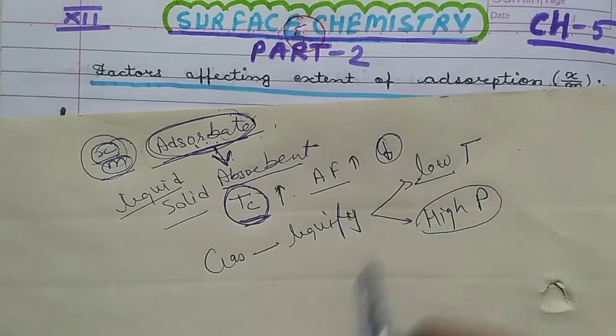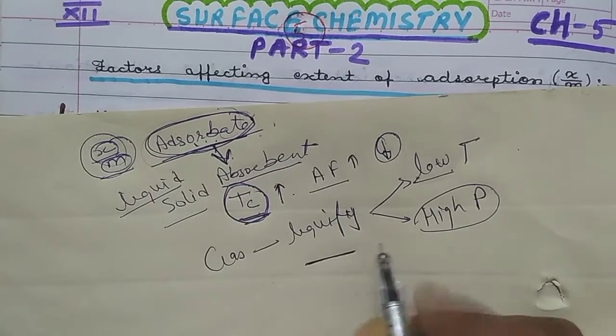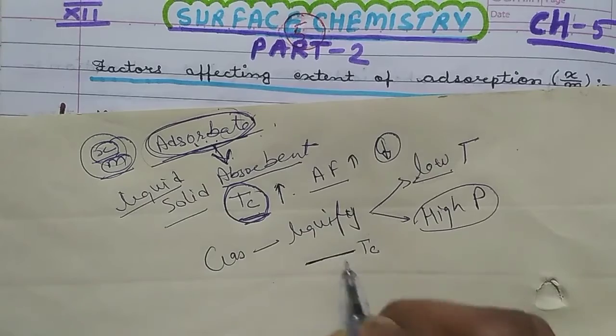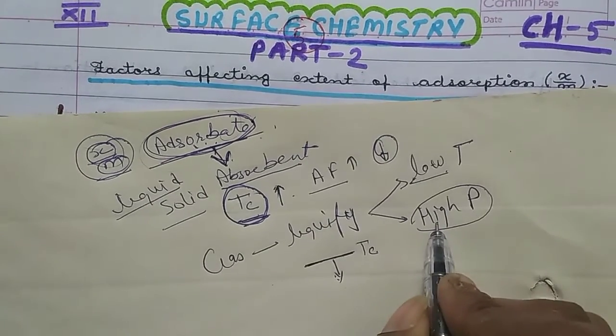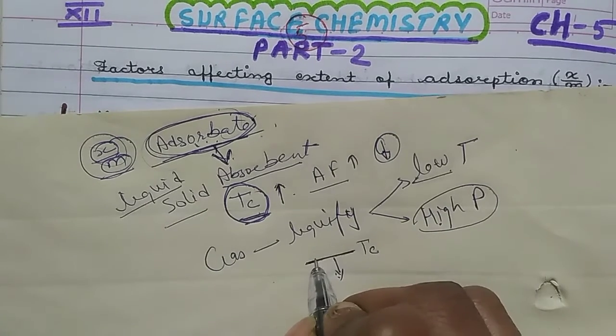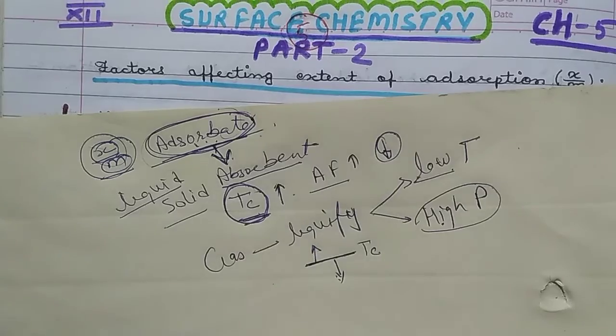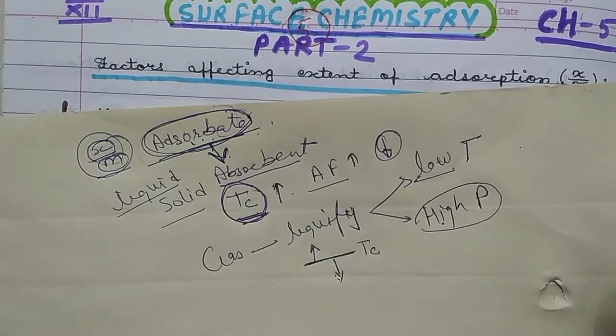Okay, but a special temperature boundary line for each gas is known as Tc. Below this temperature, we can easily liquefy the gas by increasing the pressure. But above this temperature, we can't liquefy any gas by increasing the pressure.